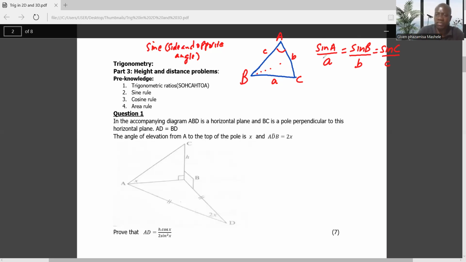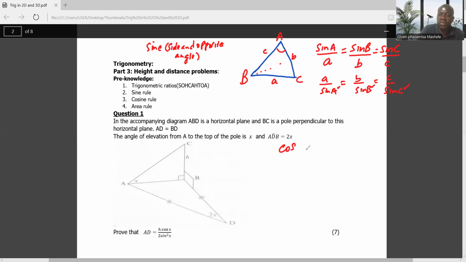You can also start from this side and say a over sine angle A equals b over sine angle B equals small letter c over sine angle C. This is called sine rule.